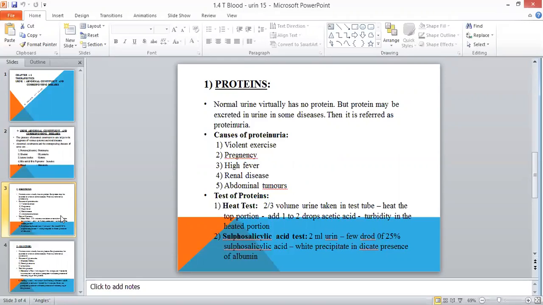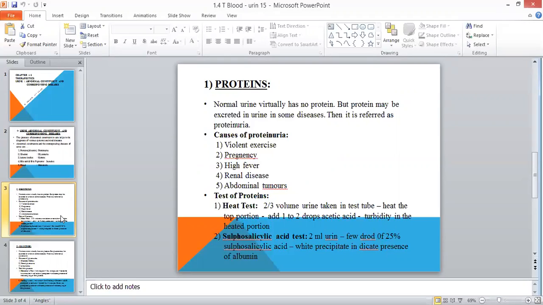So, urinary excretion of protein is referred to as proteinuria. Now, the causes of proteinuria. Its causes are various, like violent exercise, pregnancy, high fever, renal diseases, and abdominal tumor.